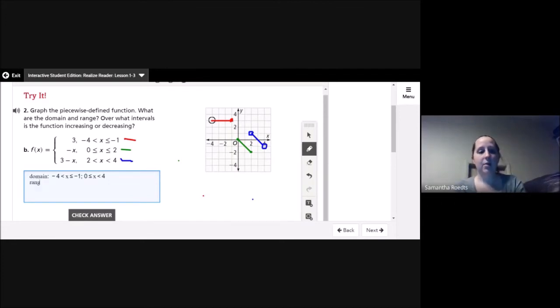Okay. My range is going to be from negative 2. So my lowest is negative 2. And then y, up to 1.